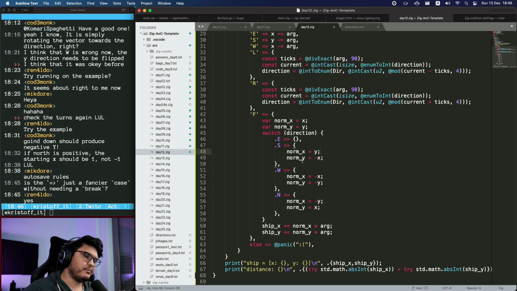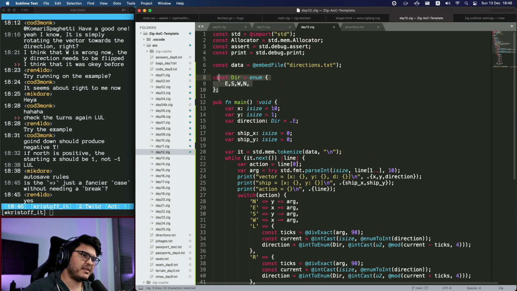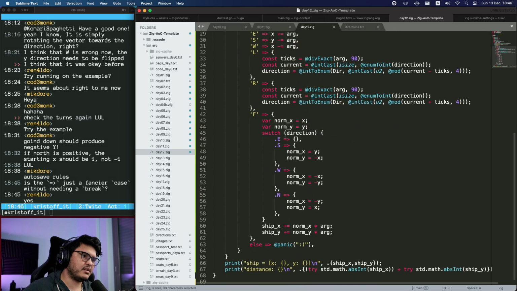And that's it. It's literally just for cases. Direction is an enum, so I'm basically just switching on the enum cases. That's what you're saying. And this is like an empty block where I don't do anything.